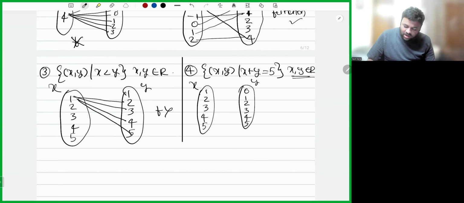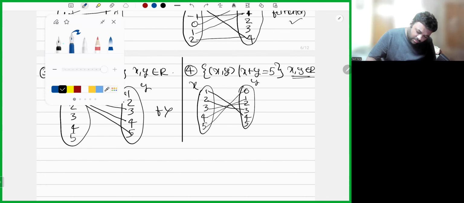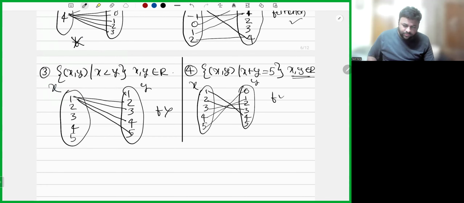If x is 1, what will be y? 4. x is 2, y will be 3; then 2, 1, 0. So can you see, my dear friends, only one arrow is passing. You can substitute any number from real numbers for x, right? So I'll say, yes, sir, it's a function. I'm sure that it's a function.